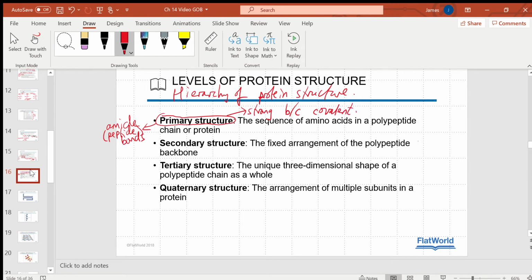Secondary, tertiary, and quaternary are relatively weak structures, much more easily broken or easy to alter.